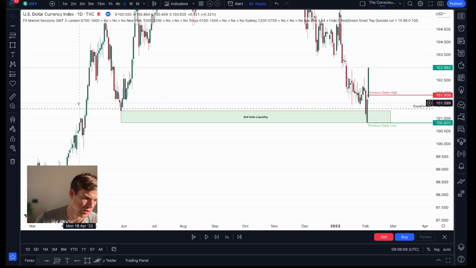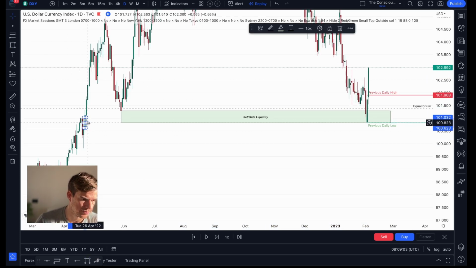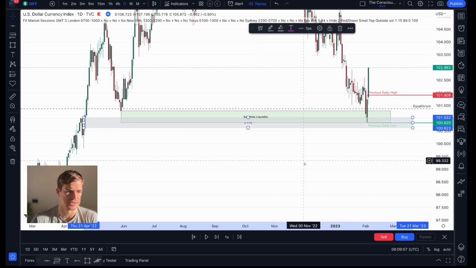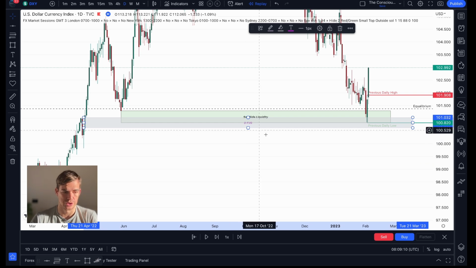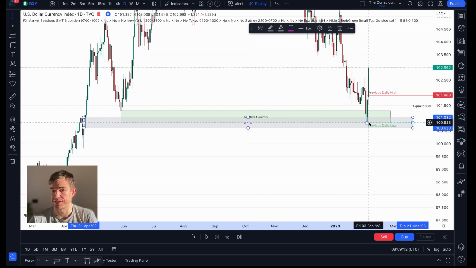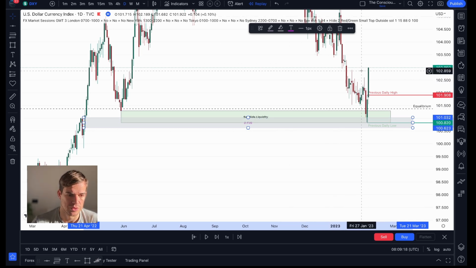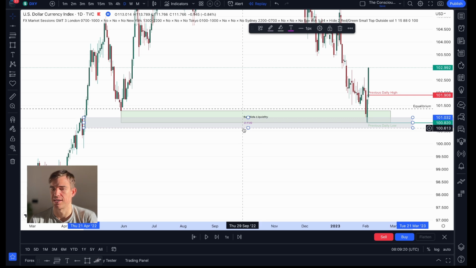Then also on the left side, we had this fair value gap, the daily fair value gap, which also got filled halfway, 50%. And then the price went to the upper side. So that's the sell side liquidity and fair value gaps on the daily.